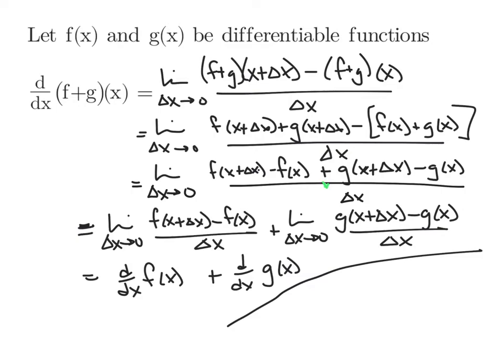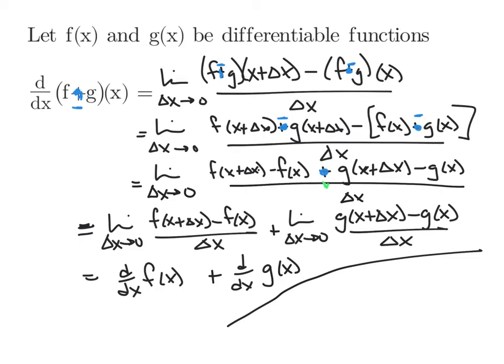Now, without loss of generality, we could have gone through and changed all of these pluses into minuses. And along the way, that would have changed all of these into minuses. As we work our way through the proof, the only thing that changes is those signs to minuses.